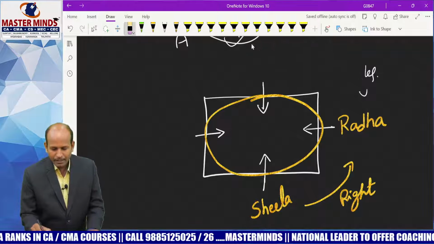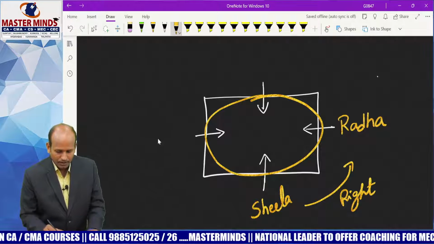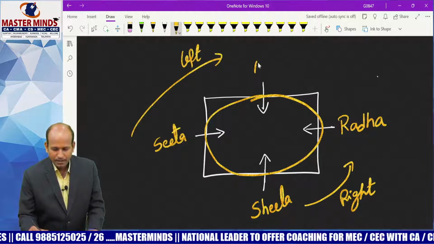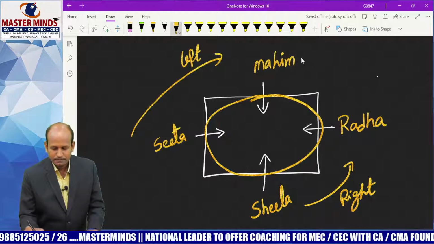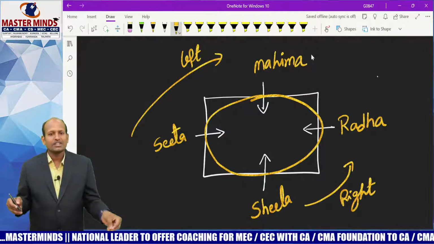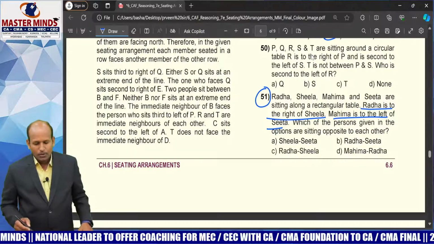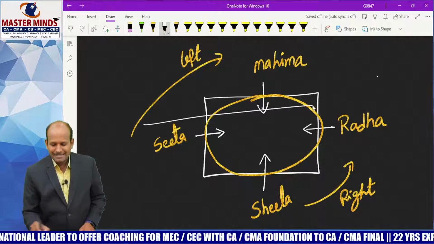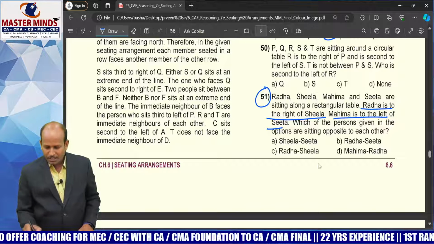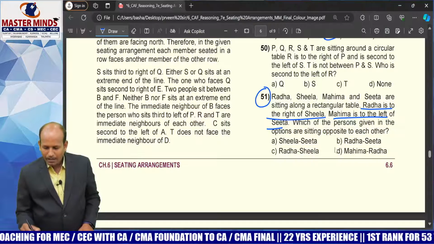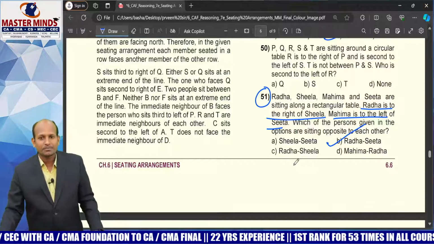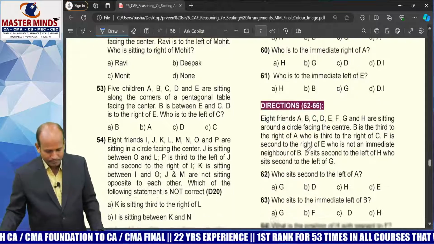So that's why we are making it the place of Sita. Sita's left has Mahima. Simple question. So Sheila's right is Radha, Sita's left is Mahima. Question, who are the opposites? Here we have two opposite pairs, Sita and Radha, Mahima and Sheila. Mahima and Sheila is not available among the options. Sita and Radha. So Radha and Sita, option B is your answer. Okay. So this is the explanation for question 51.